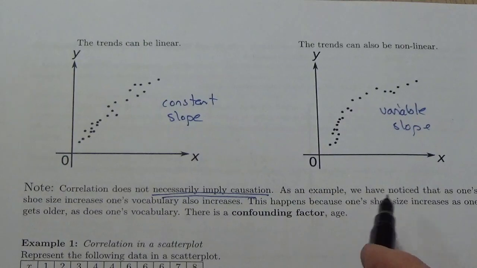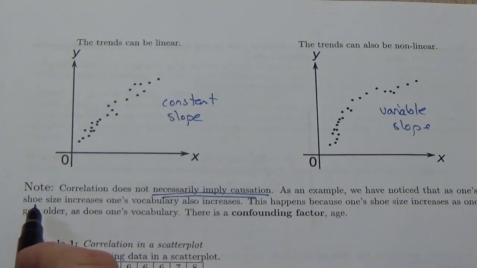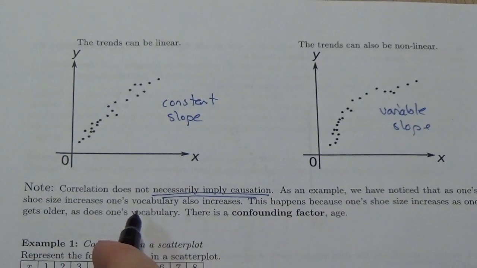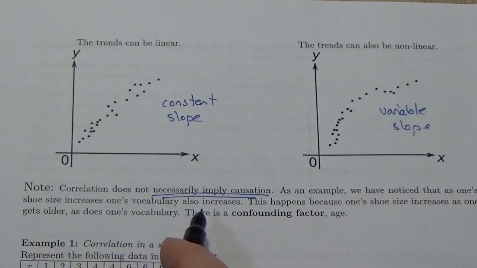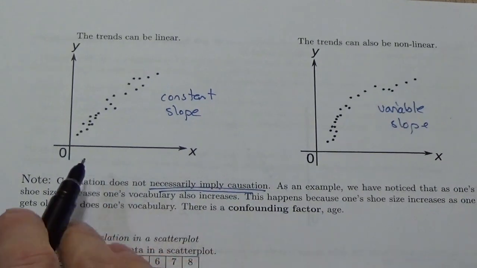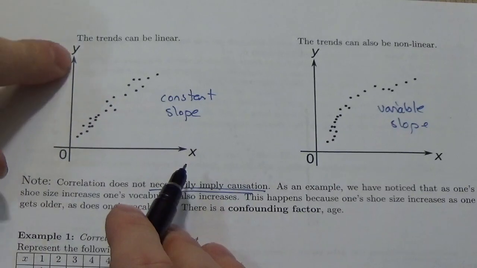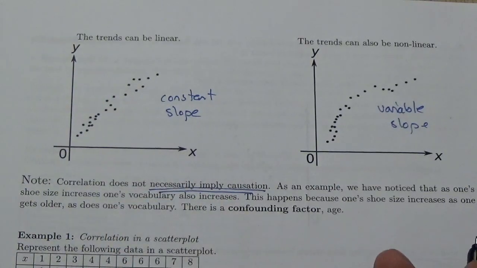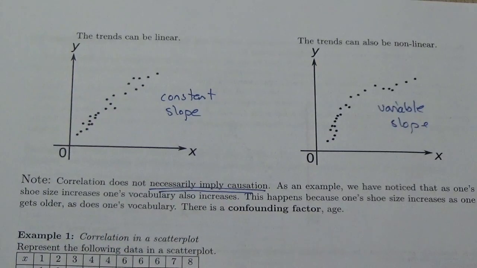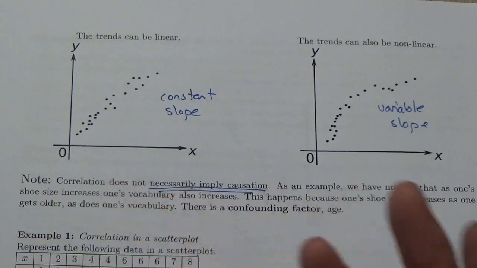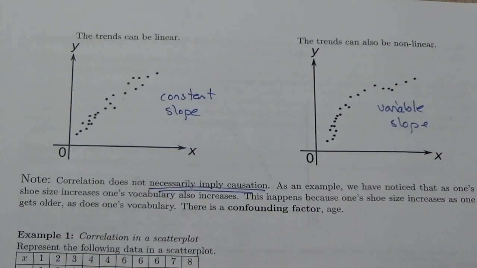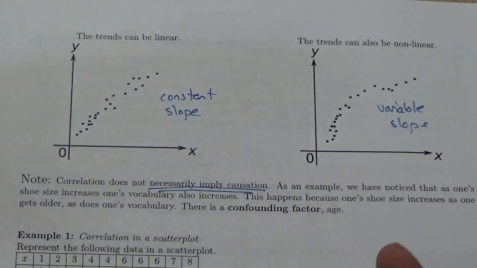So the example that I give here is you might notice that as your shoe size increases, one's vocabulary also increases. So as your foot gets larger, your vocabulary gets larger. Does that mean that the size of your foot determines the size of your vocabulary? And the answer to that is no. As you grow, your vocabulary gets larger.